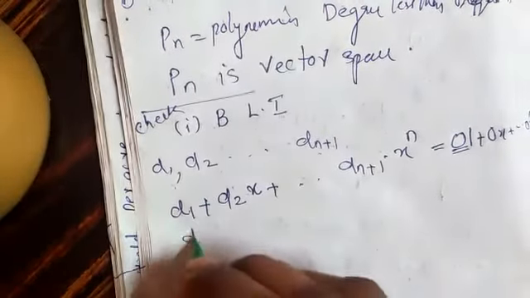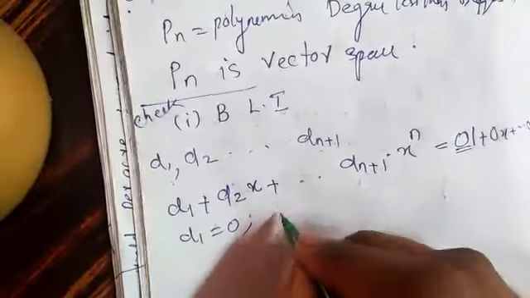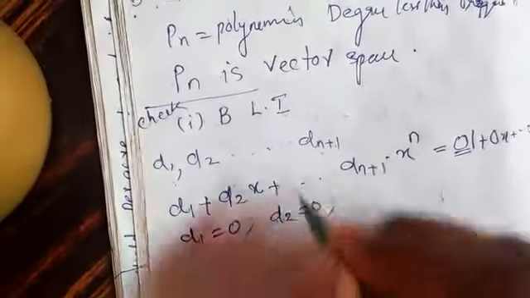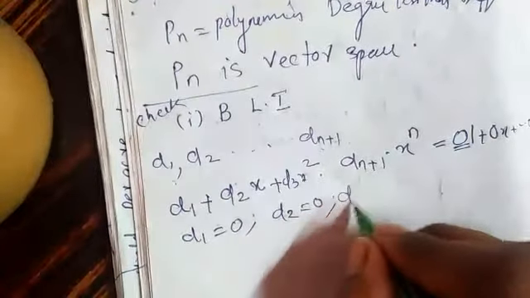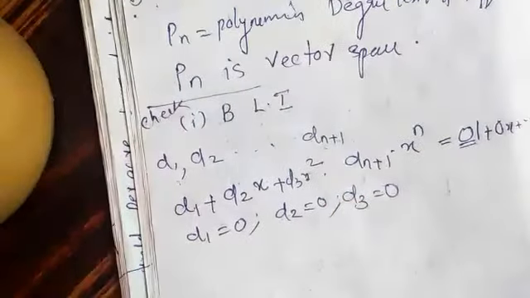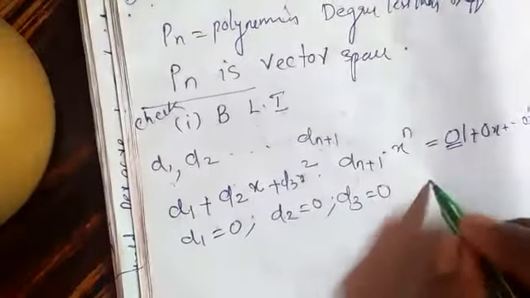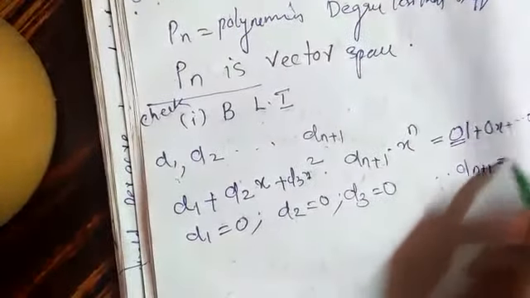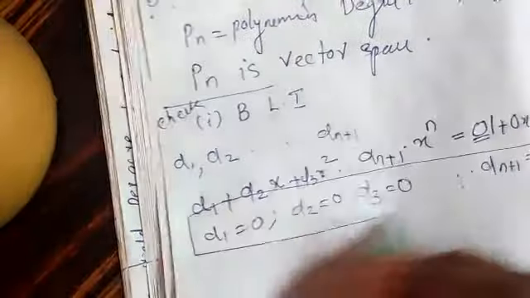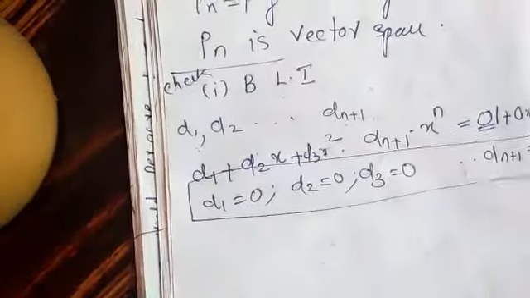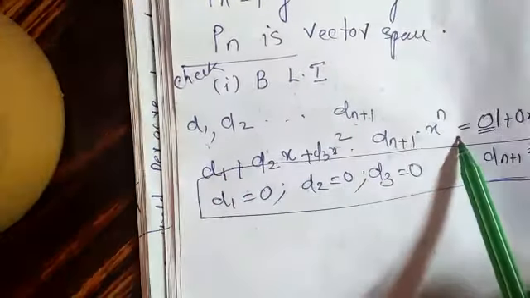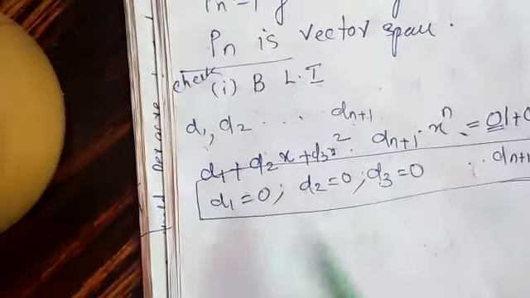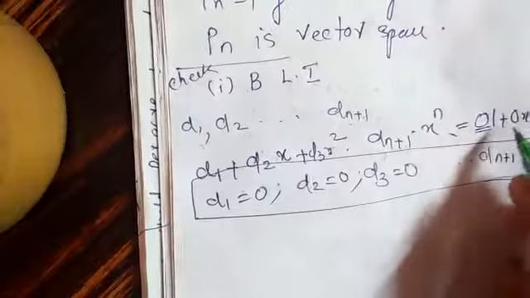So you get alpha 1 equal to 0. Next, the x coefficient, alpha 2 equal to 0. Next, the x² coefficient, alpha 3 equal to 0. Next, the nth coefficient, alpha n plus 1 equal to 0. So you get all alpha i equal to 0. So first write down the linear combination of 1, x, etc., xⁿ and equate to 0.